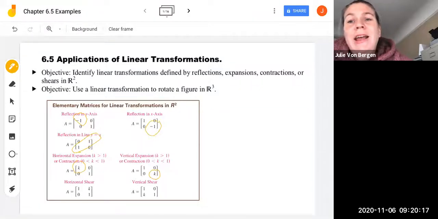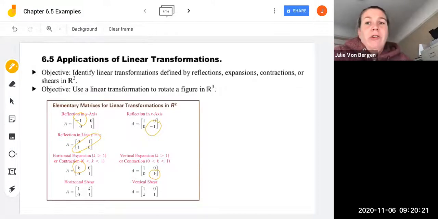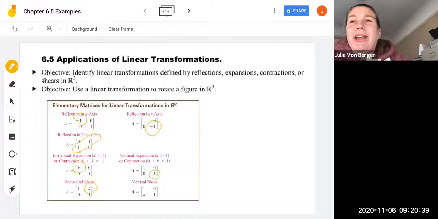And then the last examples that we're going to see are what are known as shears. So in a horizontal shear, you have the identity matrix with the k in the row 1, column 2 entry. And we'll talk more about it, but a shear is essentially a transformation where you're transforming the points along a given line. It's sort of like a proportional tilt of a geometric object.